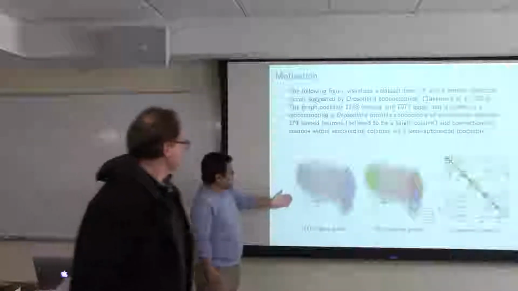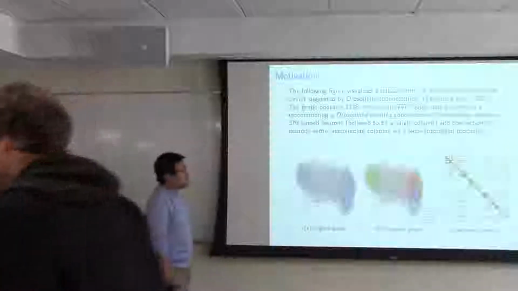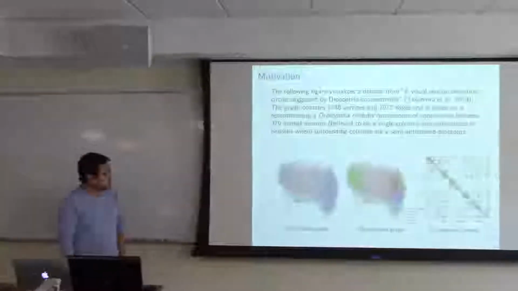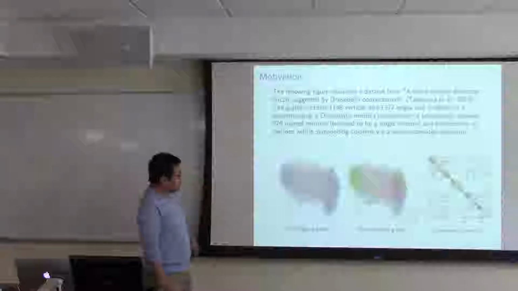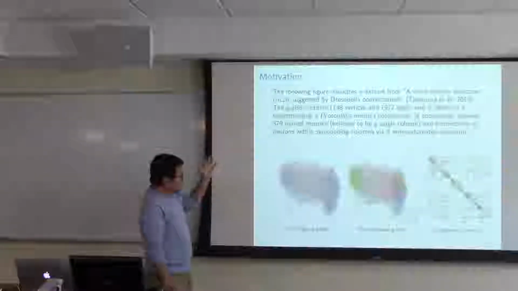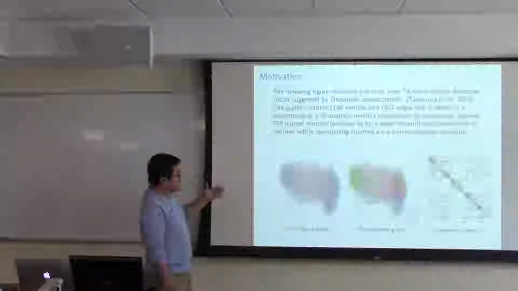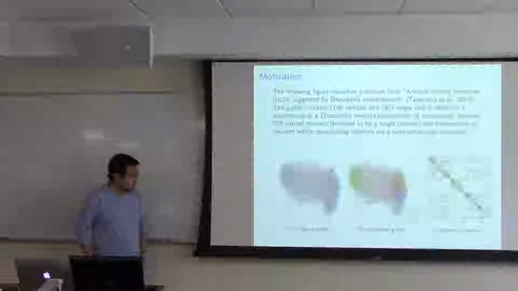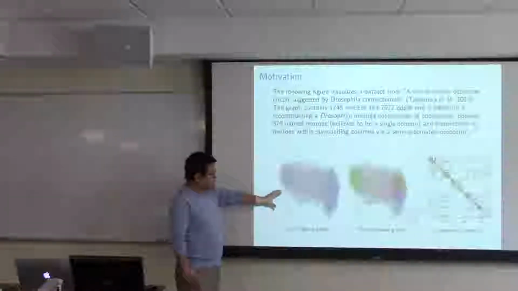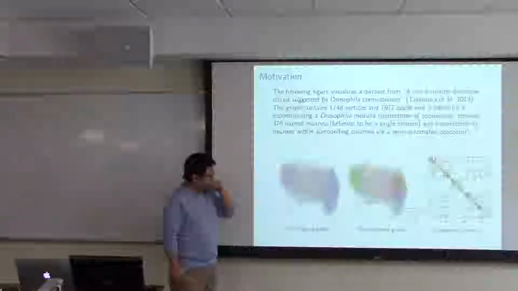There are supposed to be 1,748 vertices and roughly 8,000 edges. 379 neurons are considered important neurons, which form a column in this cortex. And we then have edge connections between these neurons and some other neurons around the surrounding columns. So this is what the graph looks like when we connect edges.